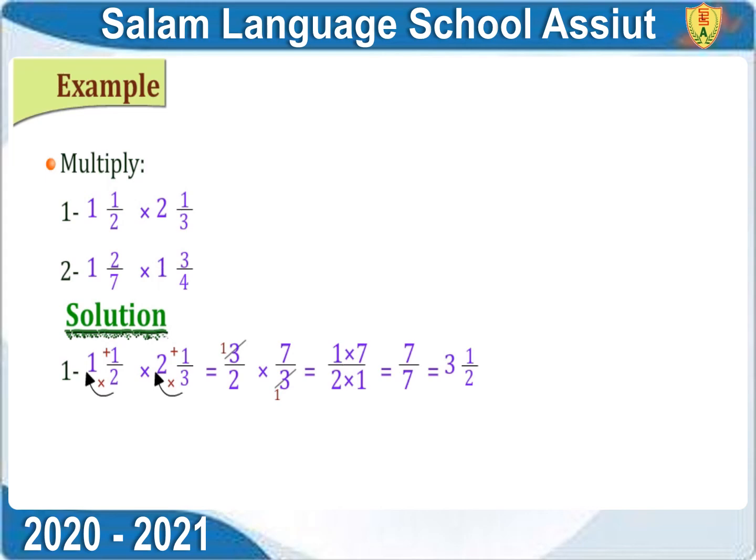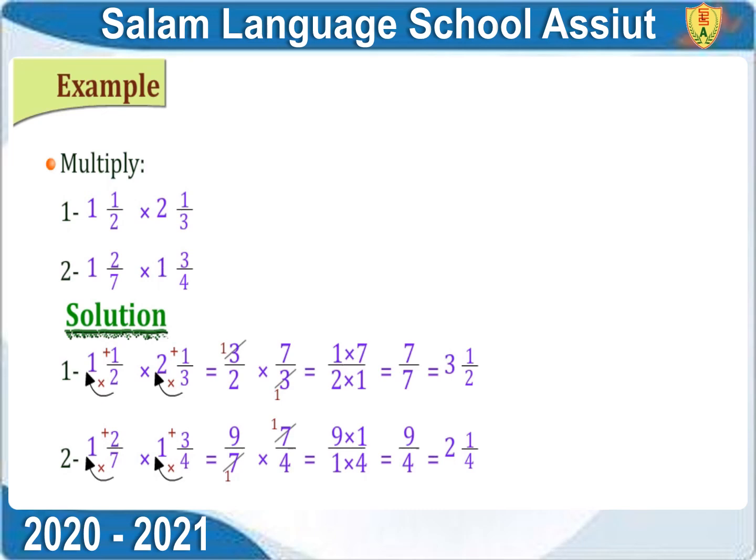Multiplying 3 halves times 7/3 and simplifying 3 in the numerator with 3 in the denominator will be 1 times 7 over 2 times 1, which is equal to 7/2, which is equal to 3 and a half.